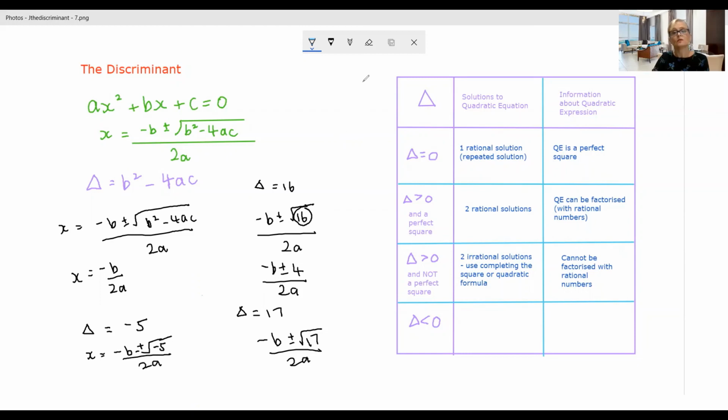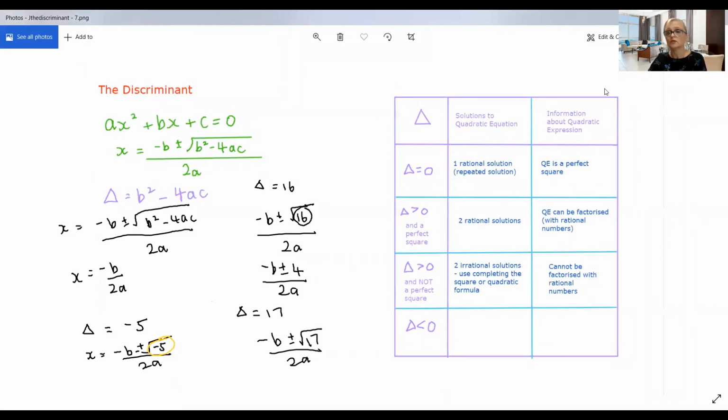Well, what do we know about taking the square root of a negative number? Well, we should know by now that we can't do that in the real number system. So we're not going to get any solutions in the real number system.